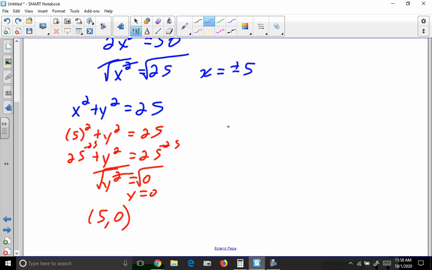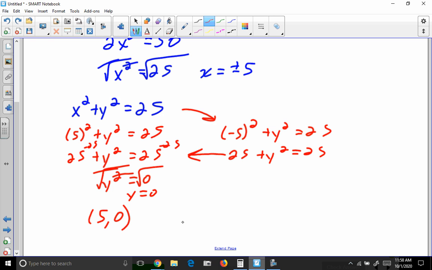So when x is positive 5, we get y is 0. Now if we take that same equation and replace x with a negative 5, negative 5 to the second is 25. This is the same equation that we had there. So instead of showing all of the steps to get y again, if we already know how that equation comes out, that y equals 0, then just tell me that.